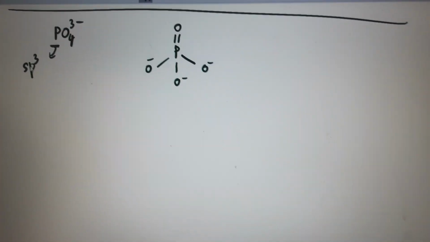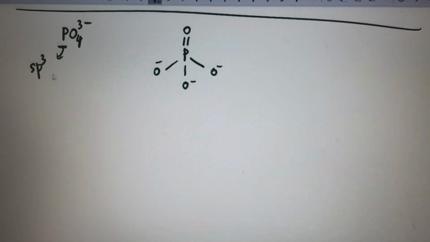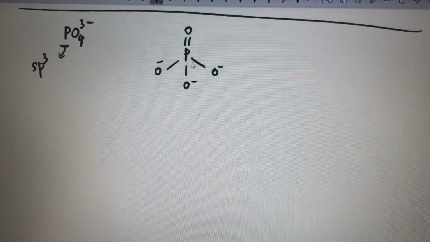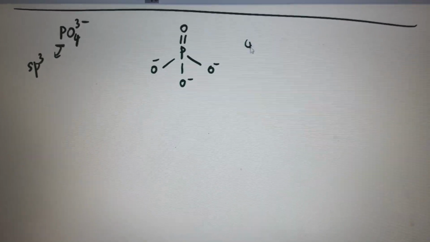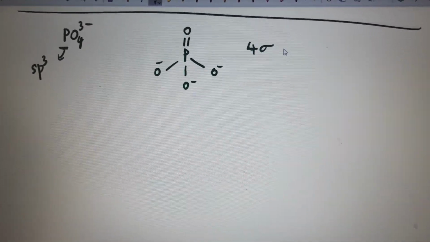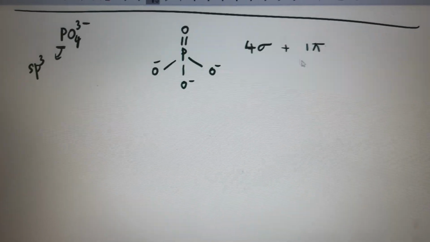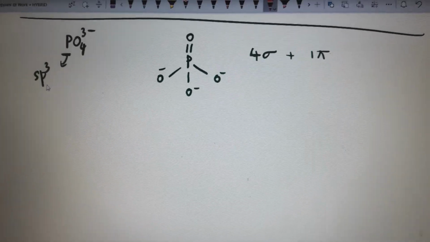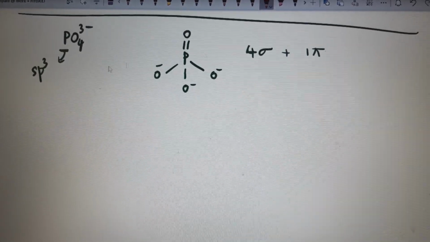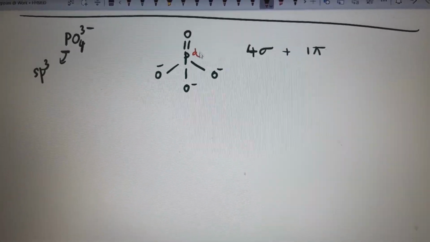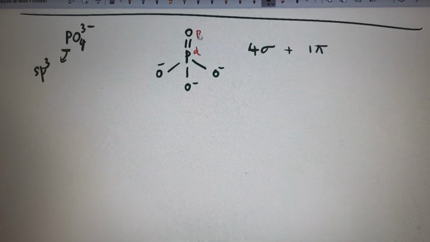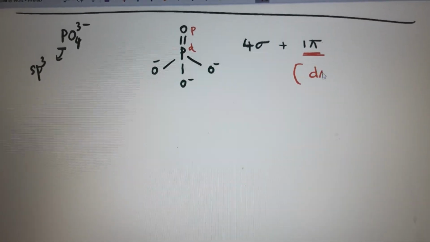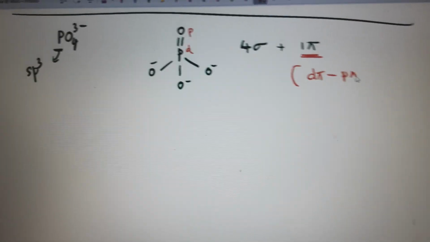Which type? sp3 means no p orbital left; all the p orbitals are utilized. Hybrid orbitals form sigma bonds only: 4 sigma and 1 pi. What is that pi bond, pπ-pπ or dπ-pπ? Since no p orbital is available, only a d orbital can be utilized, and oxygen automatically uses its p orbital. So the one pi bond is of dπ-pπ type.